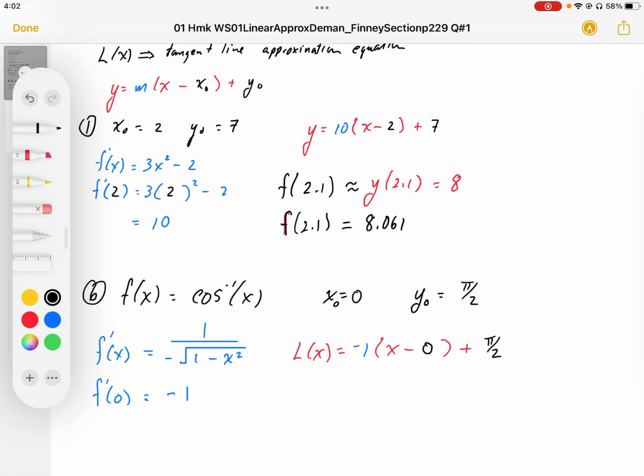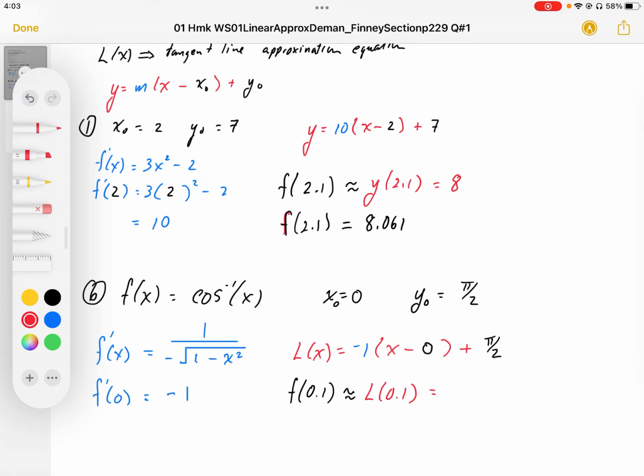The question also asks to calculate f of 0.1, which is 0 plus 0.1, and we're going to say that that's approximately equal to the L value at 0.1.